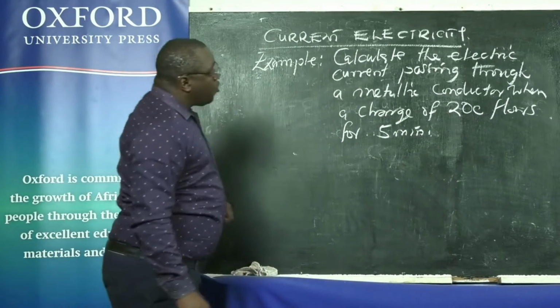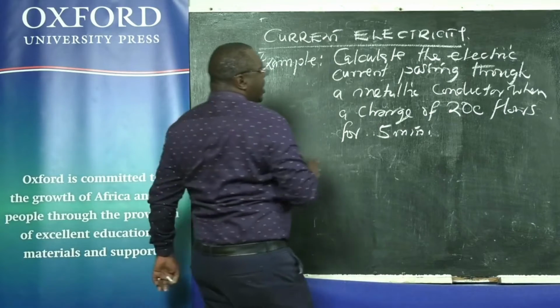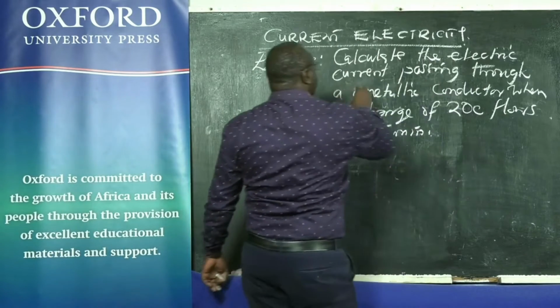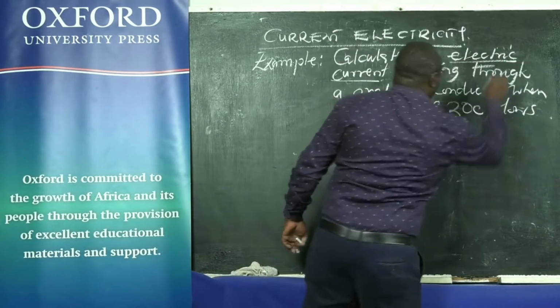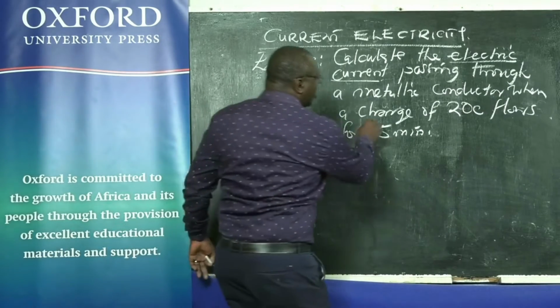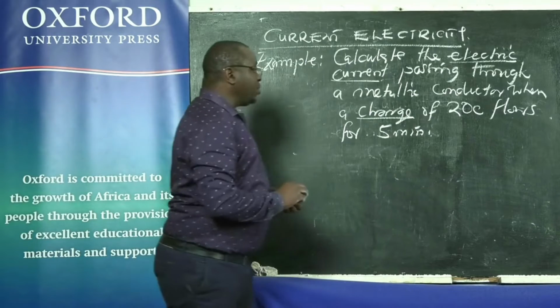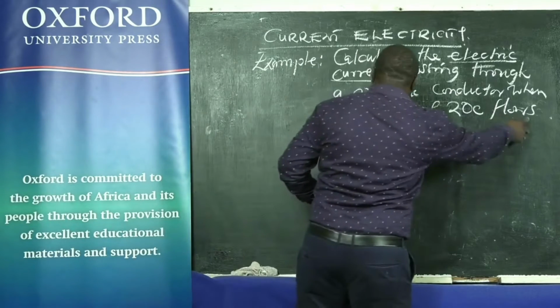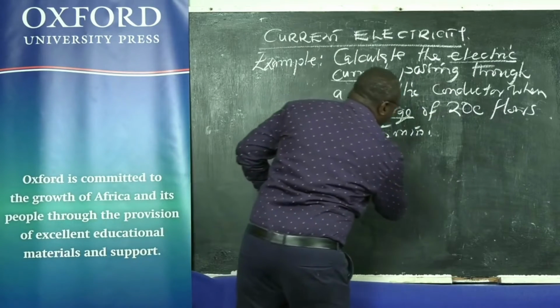Okay, so now, when we look at this question, it's saying, calculate the electric current, so this is our I, passing through a metallic conductor when a charge, this is our Q, of 20 coulombs flows for 5 minutes.